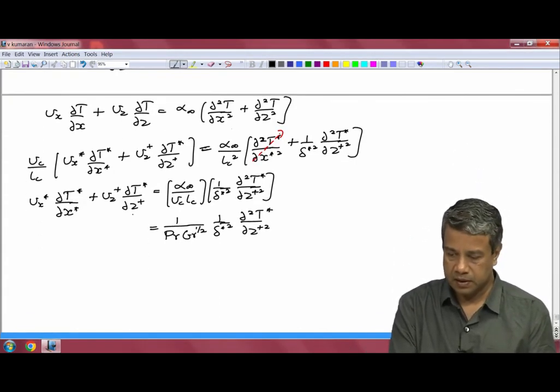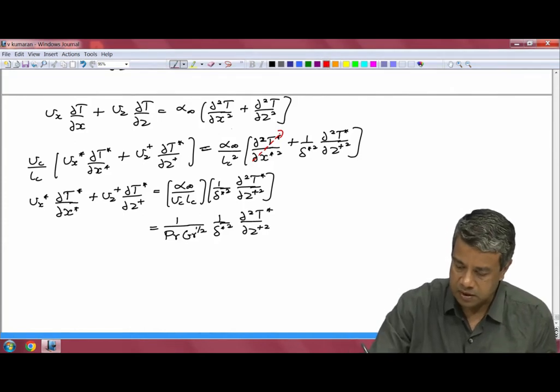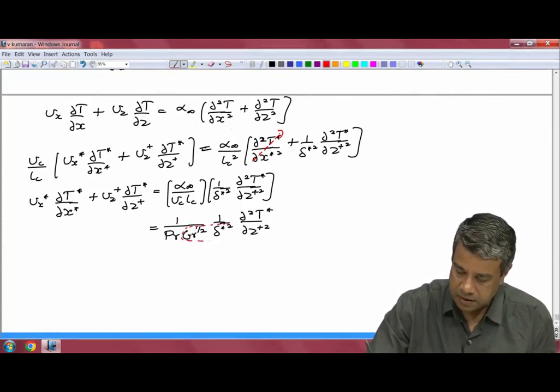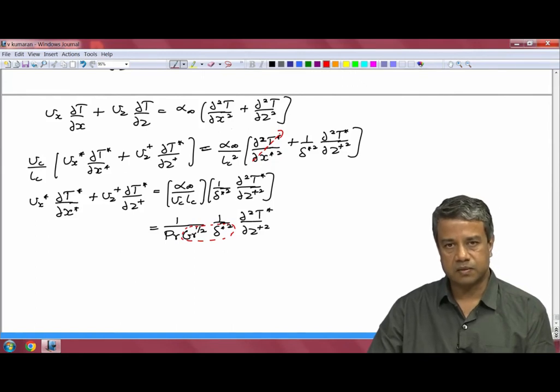And we know that this product is 1 because we had defined delta star as Grashof number to the minus 1/4 power.